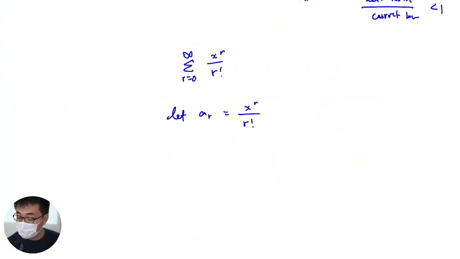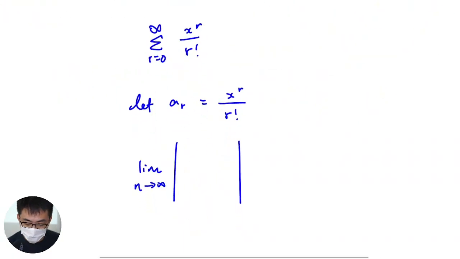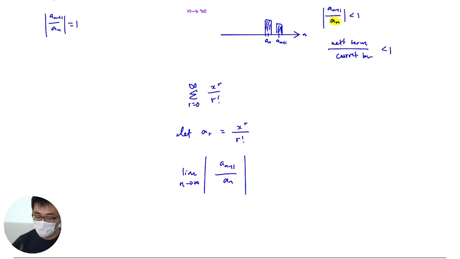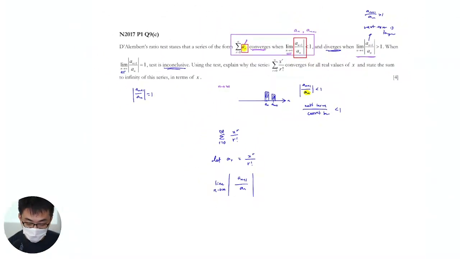So what we need to evaluate now is essentially just the limit as n goes to infinity. Then we just copy whatever is given, AN plus 1. This is the deciding factor. We want to know the ratio of the next term to the current term, modulus. That's about it. So we hope that this goes to less than 1.